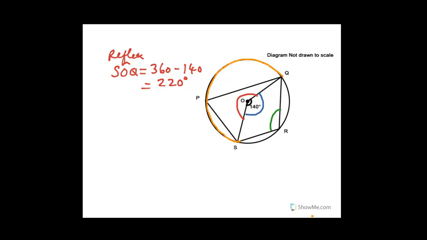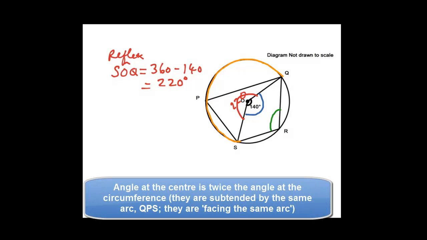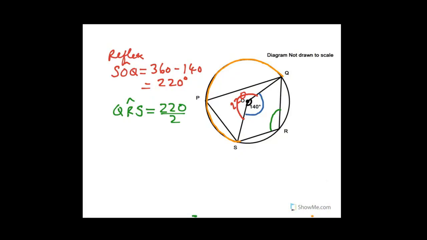And so is the reflex angle at the center. So therefore, that 220 degrees, if I just write 220 here, is twice the angle at the circumference if they're subtended by the same arc, which means they're facing the same arc. So I can now write that QRS is 220 divided by 2, which is equal to 110 degrees.